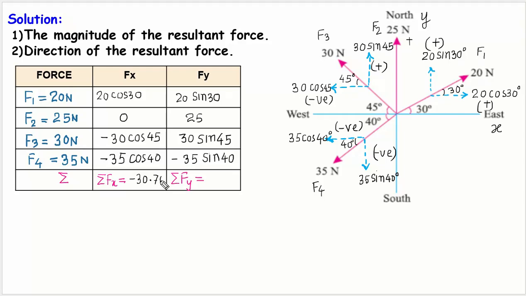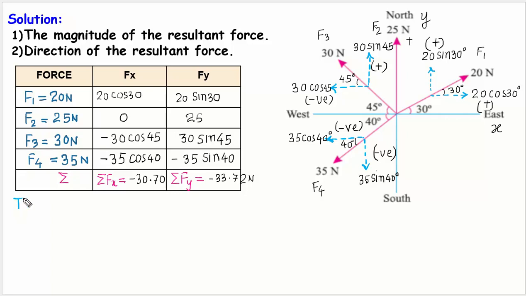Okay, so we got the summation of Fx as minus 30.70 and the summation of Fy as minus 33.72.